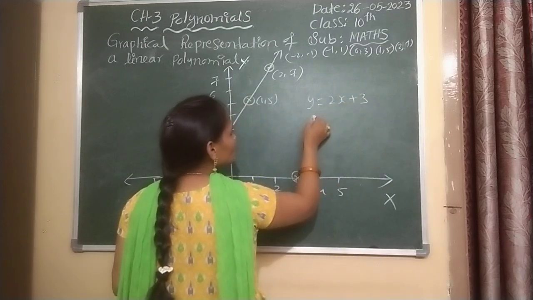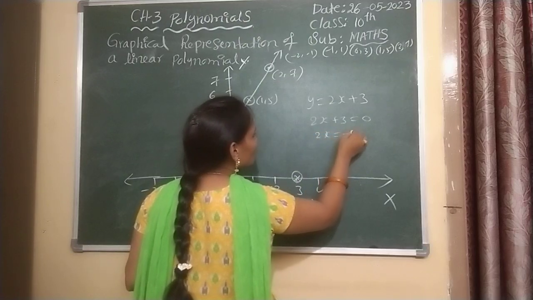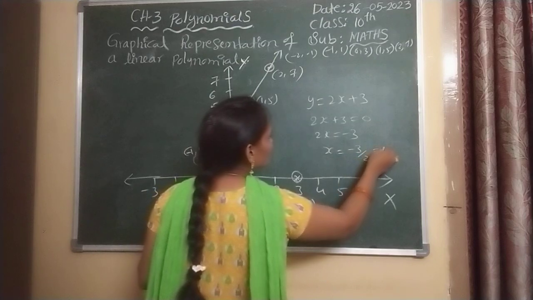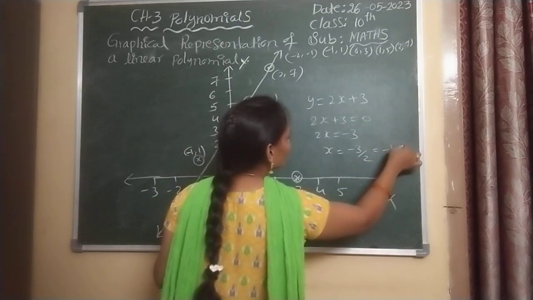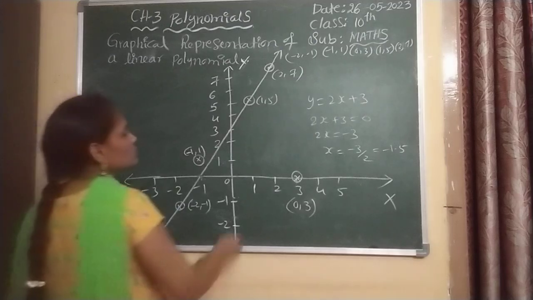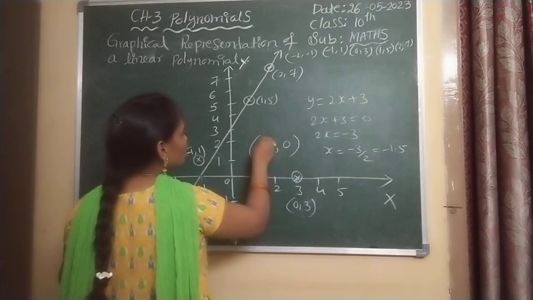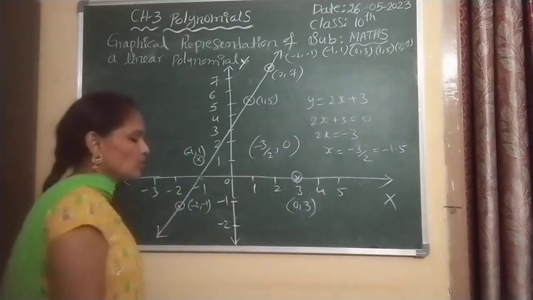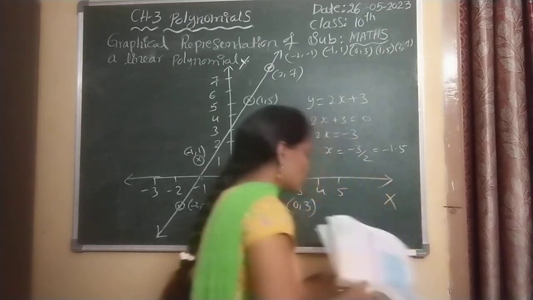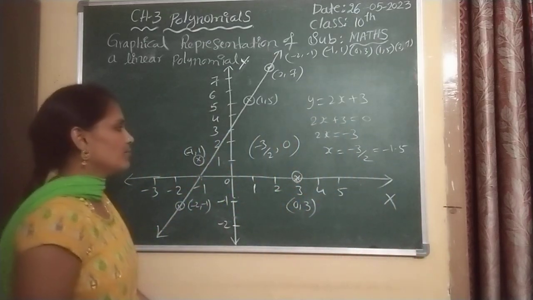What is the zero? If you equate it to 0, then 2x is equal to minus 3, x is equal to minus 3 by 2. Minus 3 by 2 means minus 1.5. Yes or no? So minus 3 by 2 comma 0, this is the x value, this is the y value. Okay, minus 3 by 2 comma 0. So x is equal to minus 3 by 2 is also the zero of the polynomial.